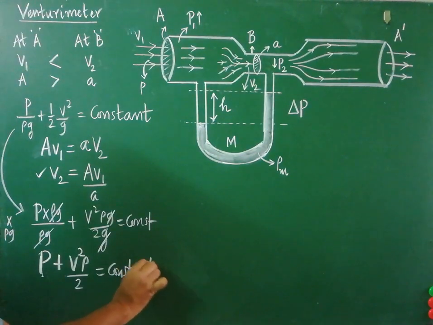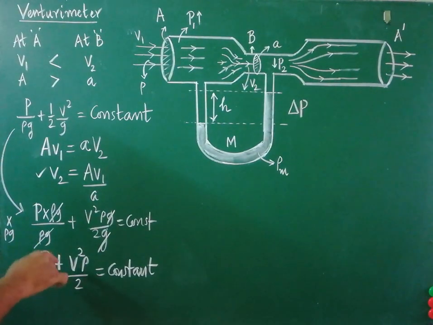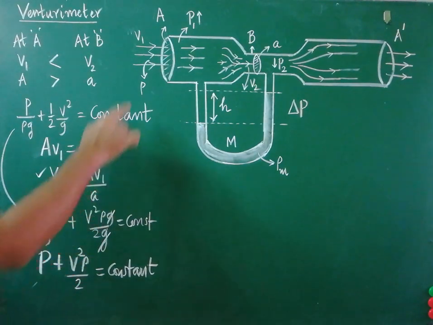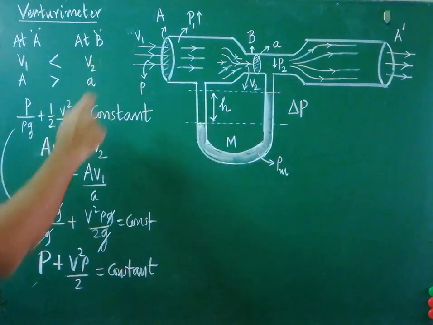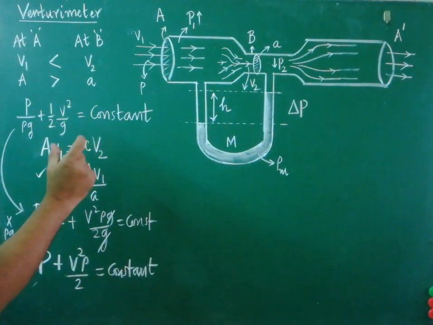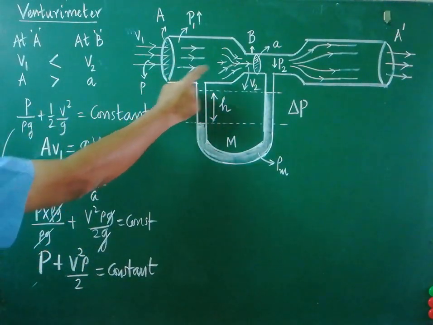So now we have derived Bernoulli's equation according to our convenience. Are you clear? This is the new form of Bernoulli's equation. Understood? Now we are going to apply the new equation at the end A and also at the end B.